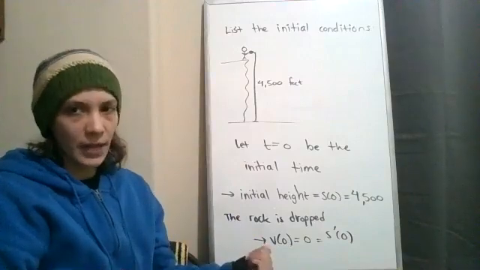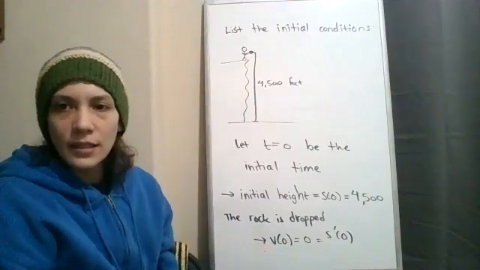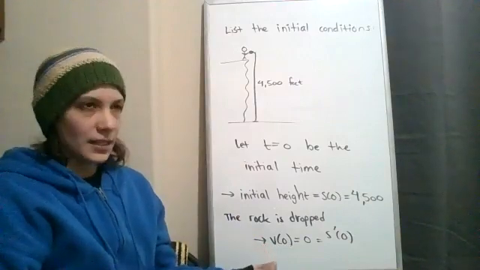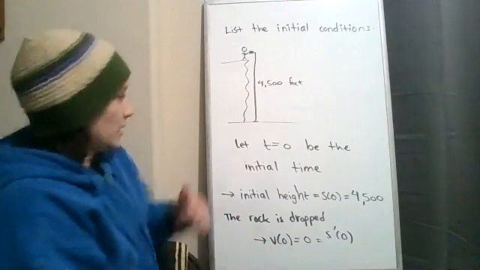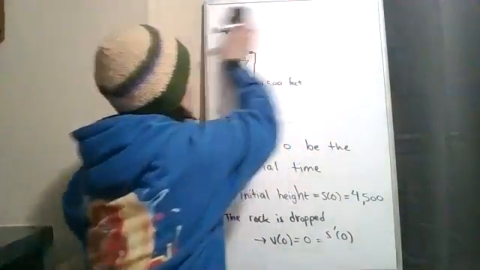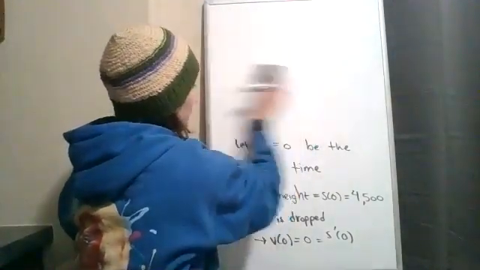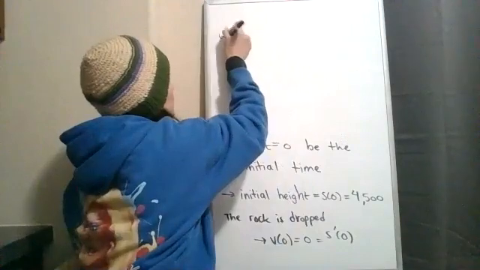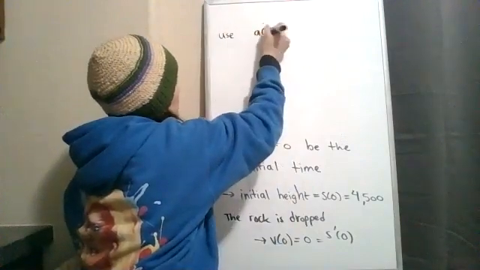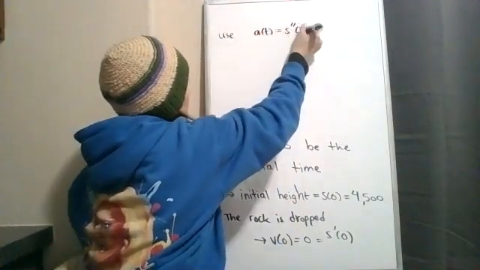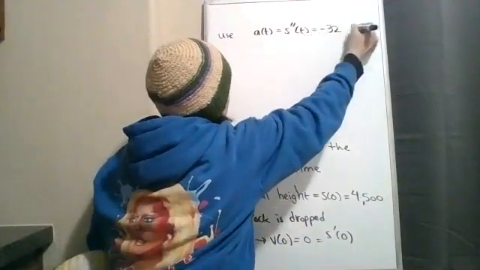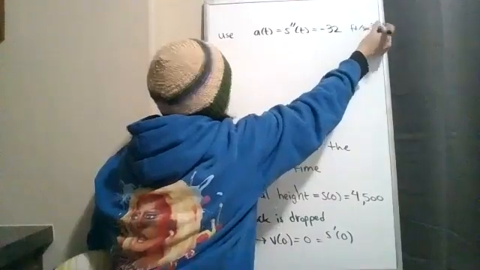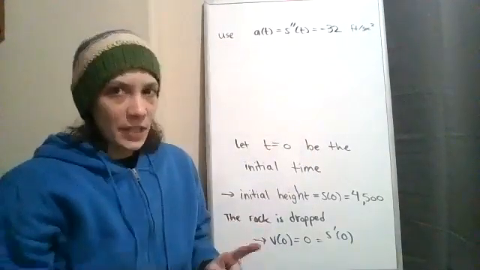And then the acceleration that they gave us was negative 32 feet per second squared. Then we start doing some work.